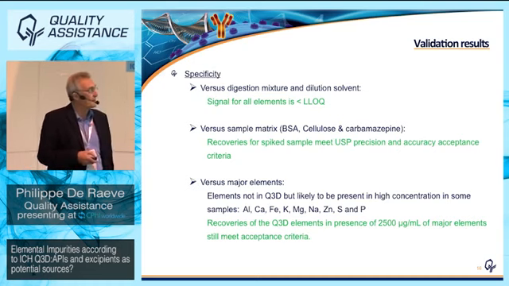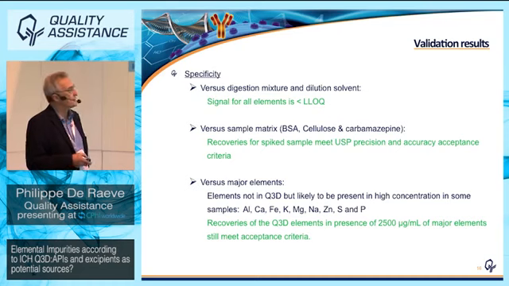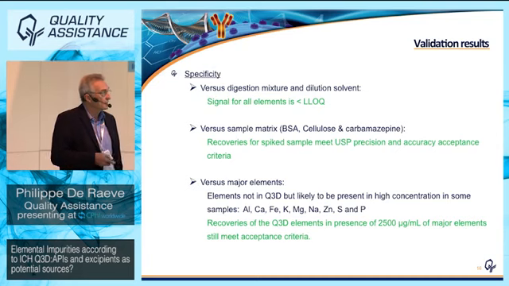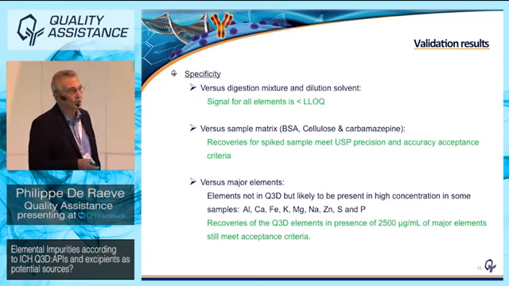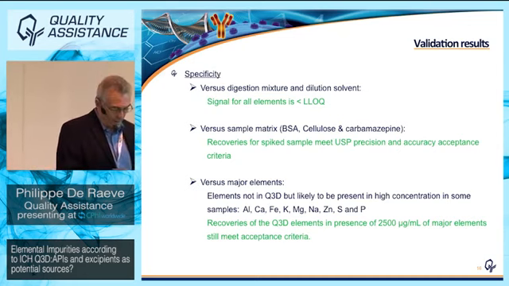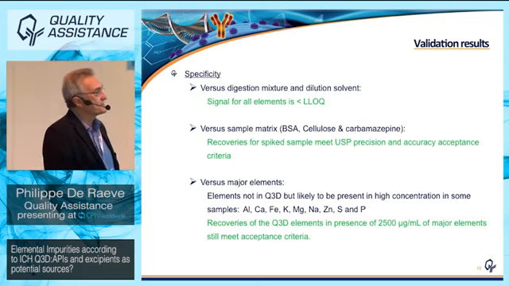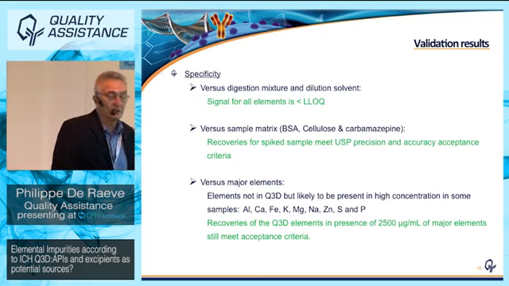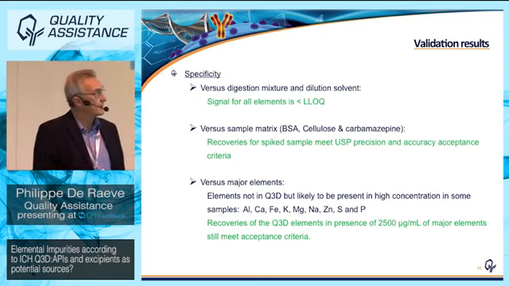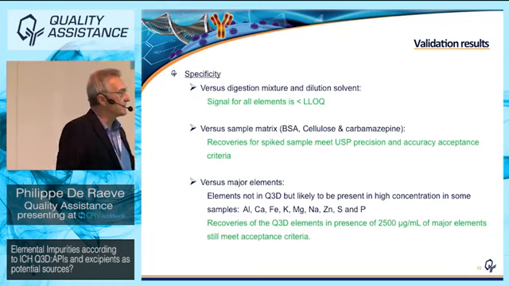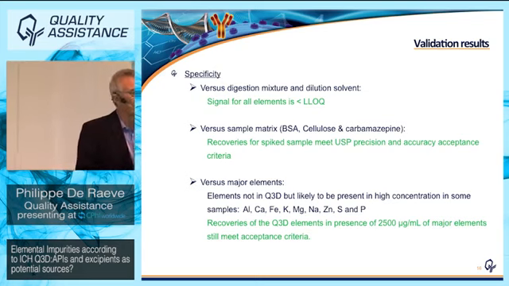But we also verified the specificity of the method versus major elements that are not in the Q3D, but likely to be present in high concentration in some pharmaceutical samples, like aluminum, calcium, iron, and so on. And we have shown that in presence of very high concentration, 2,500 microgram per ml of these major elements, the recoveries of the Q3D elements are still within the acceptance criteria.